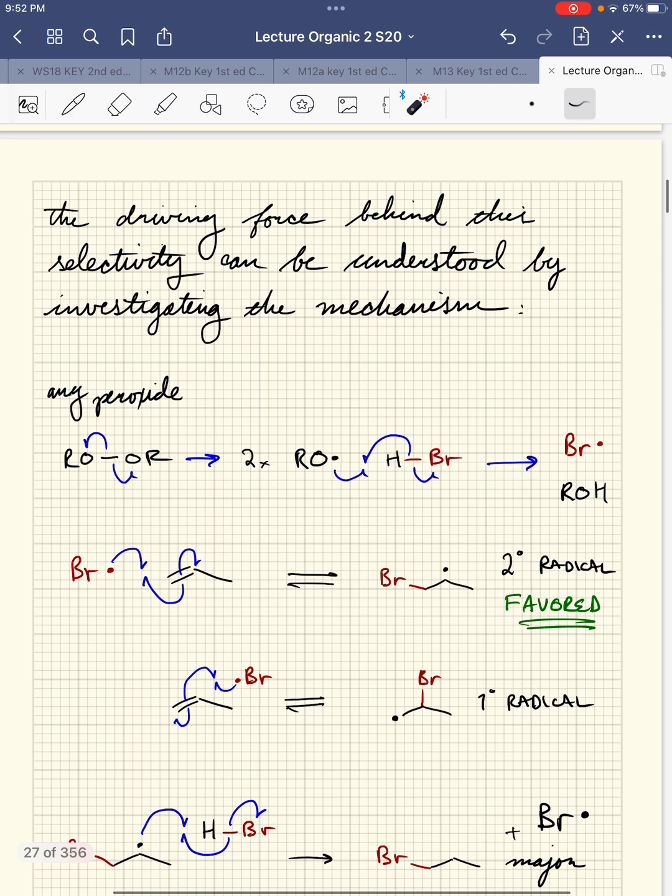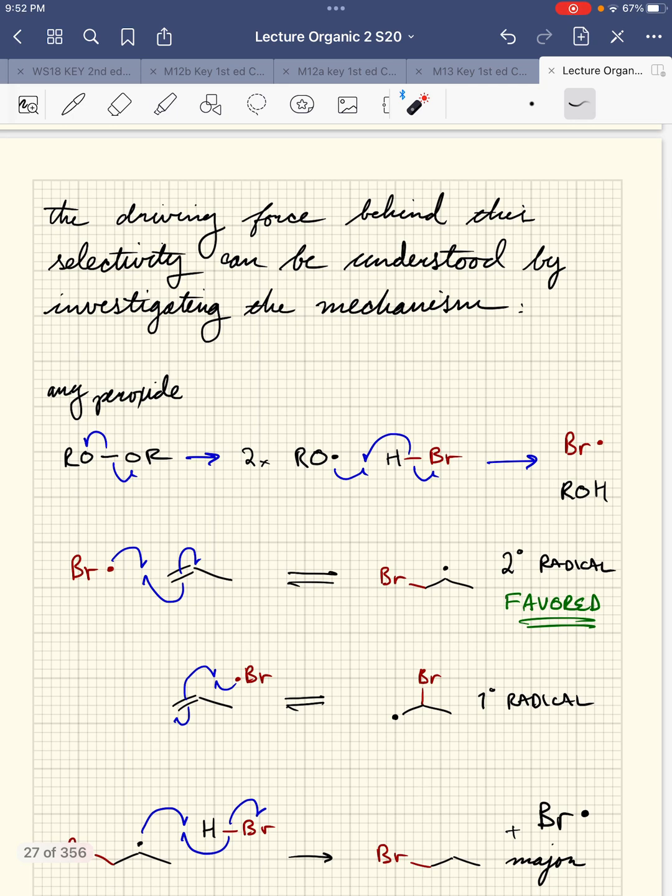Okay, now this bromine radical is free to react with the pi bond, and it can form a bond to two different carbon atoms because my alkene here is asymmetric. In this particular scheme, the bromine is forming a bond to this carbon atom.